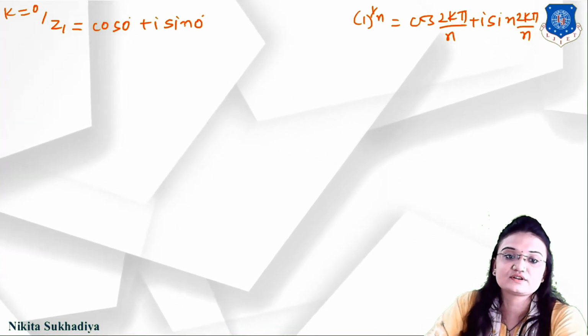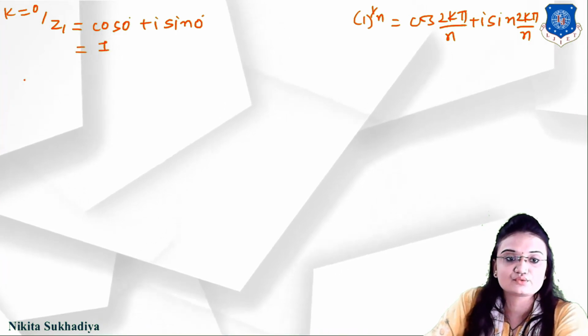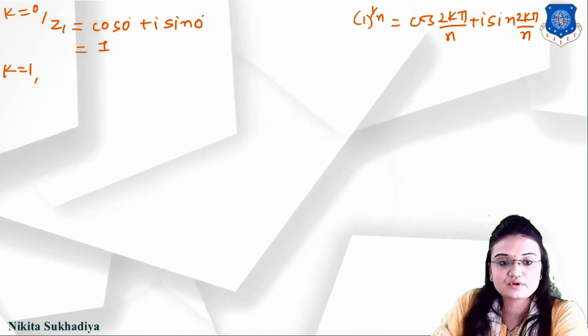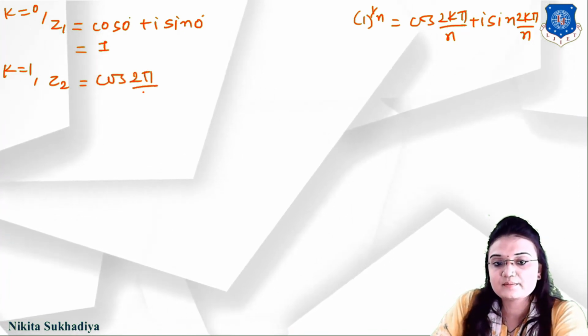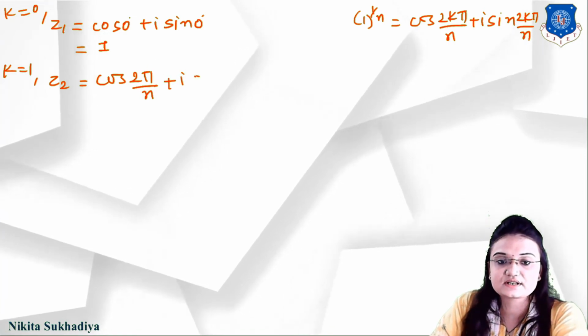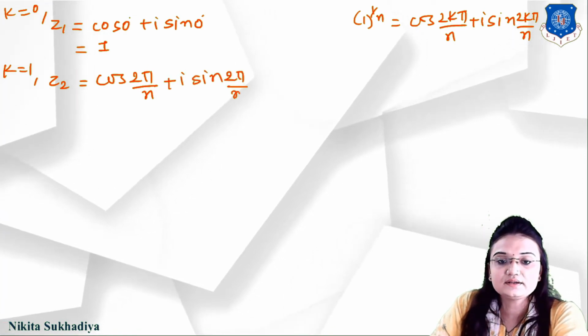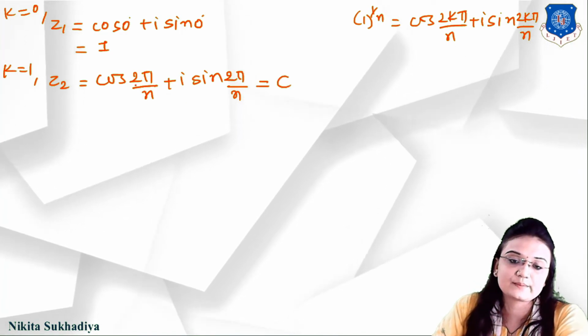So put k equal to 0, this becomes cos 0 plus i sin 0, so z1 is equal to 1. Put k equal to 1, so z2 is equal to cos 2π/n plus i sin 2π/n. Let us take cos 2π/n plus i sin 2π/n equal to c.